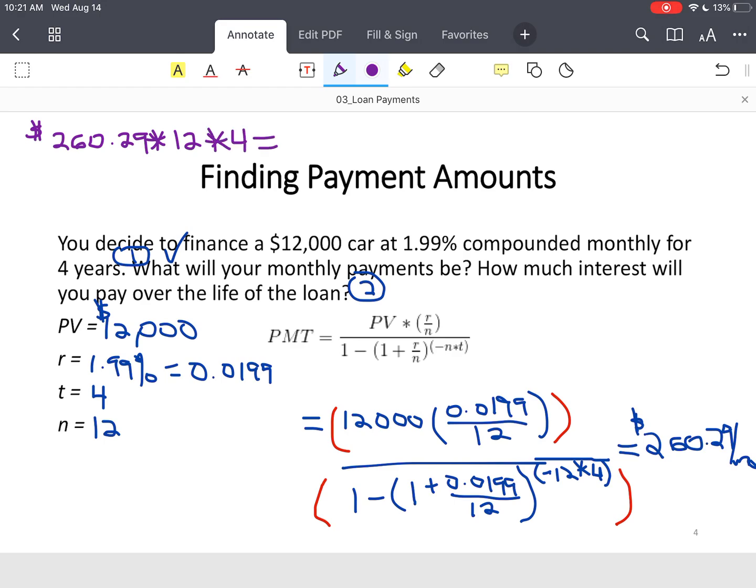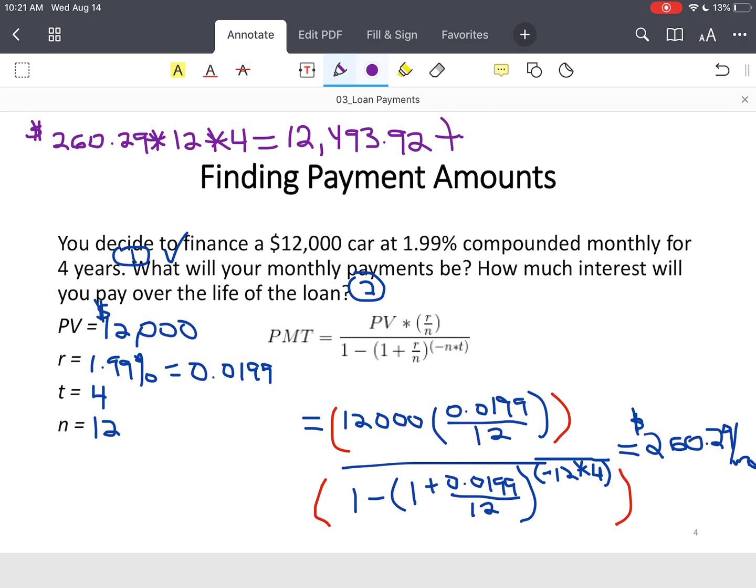So you take 260.29 times 12 times 4, which means you'll pay $12,493.92.